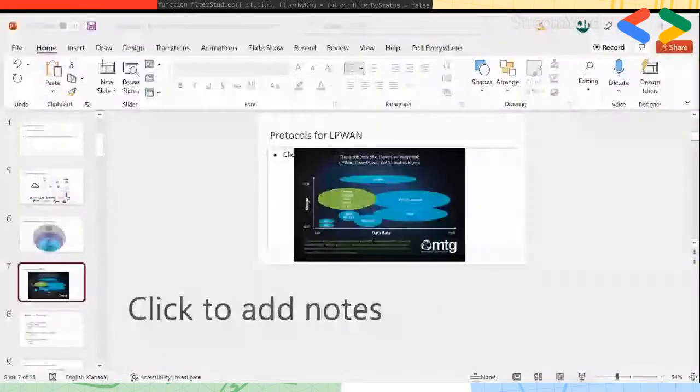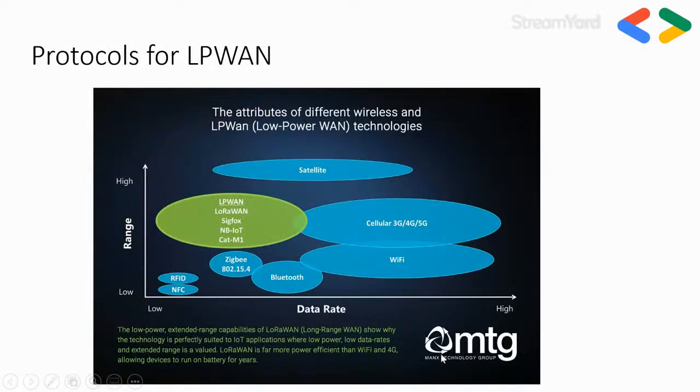As I was saying, we can't have all three big paradigms of communication achieved. In IoT, we have to decide what's most important for us.